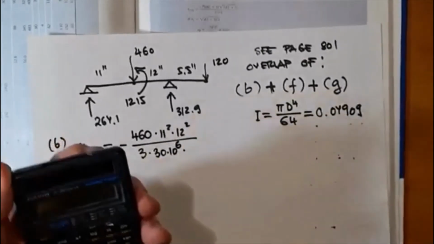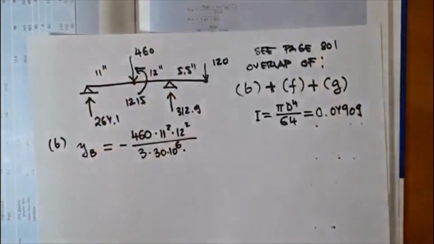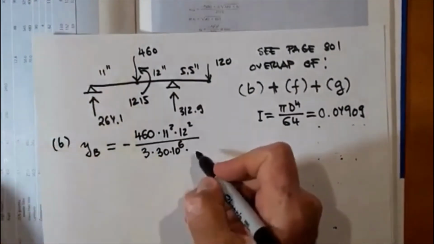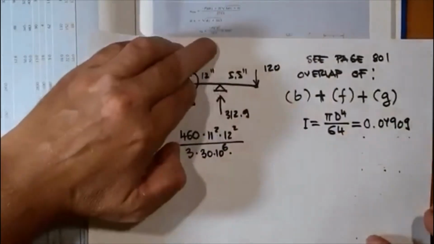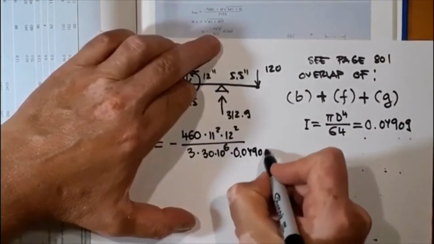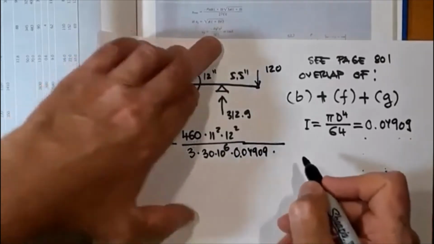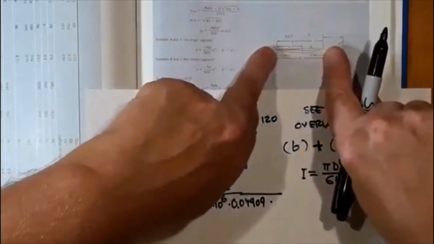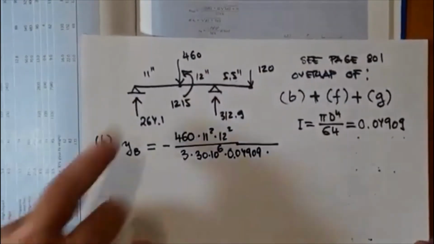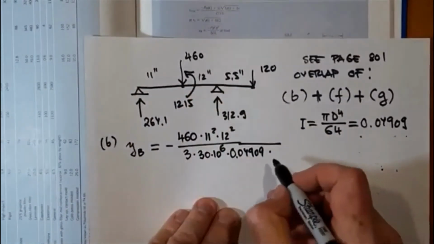I put this in the memory of the calculator. So times 0.04909, and then times length L, the length between the two supports, which is 11 plus 12, that's 23.